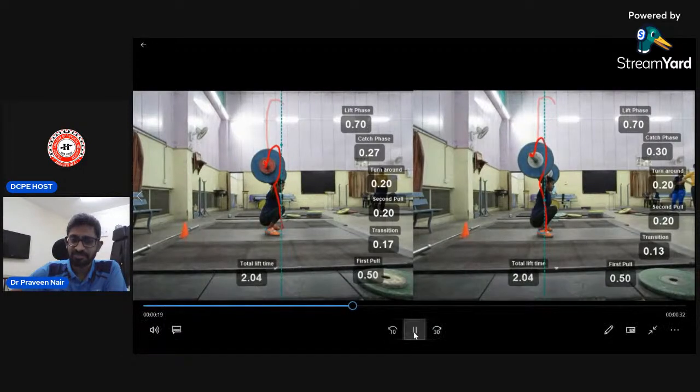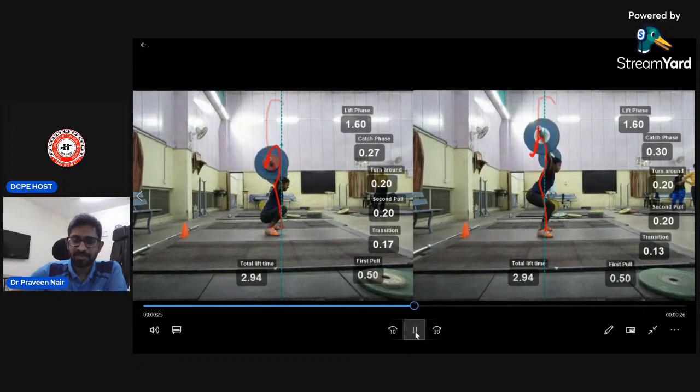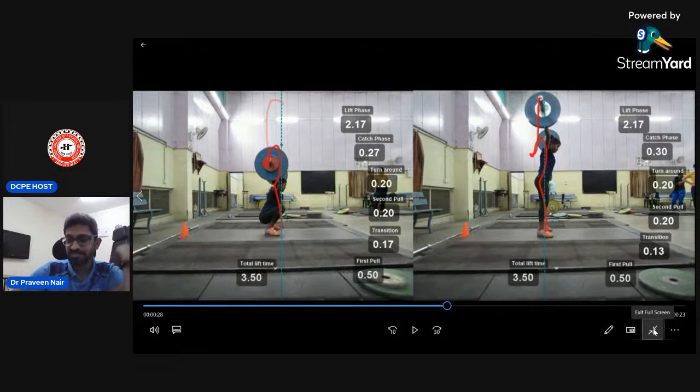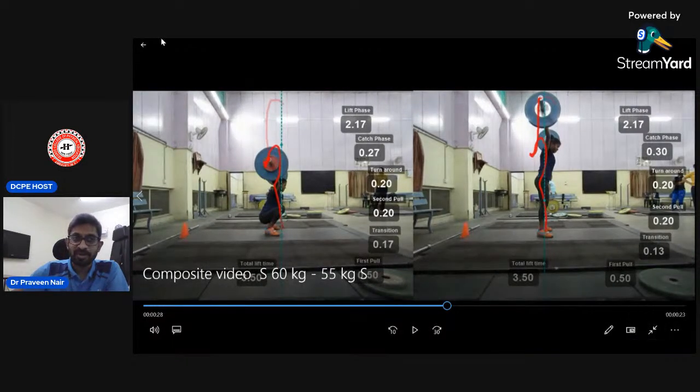Yes, the lift phase, as you can see, and here you can see the barbell trajectory also. And from the same Kinovea, you can actually get kinematic data also.